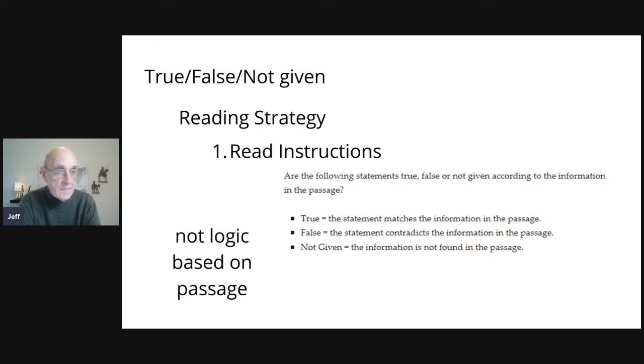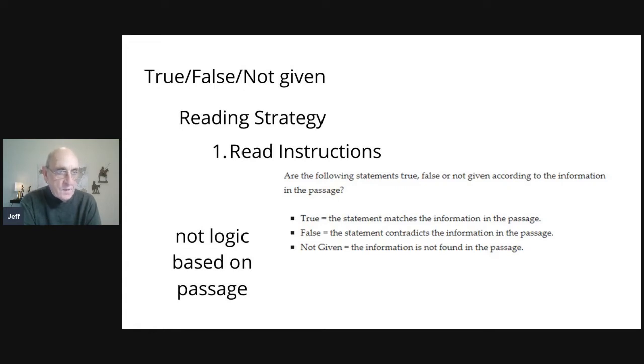If something is false, you have to find specific information in the passage that contradicts the statement, that confirms that the statement is false. And then the third option: if you cannot find anything that confirms it as true, and you cannot find anything that confirms it as false, only then is it not given.